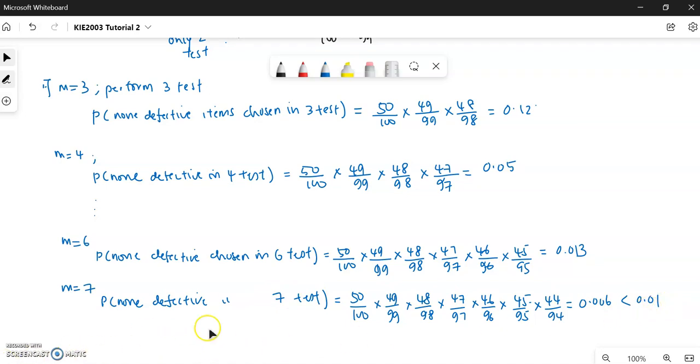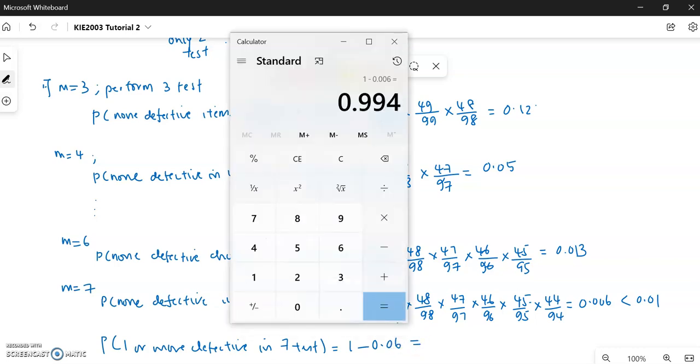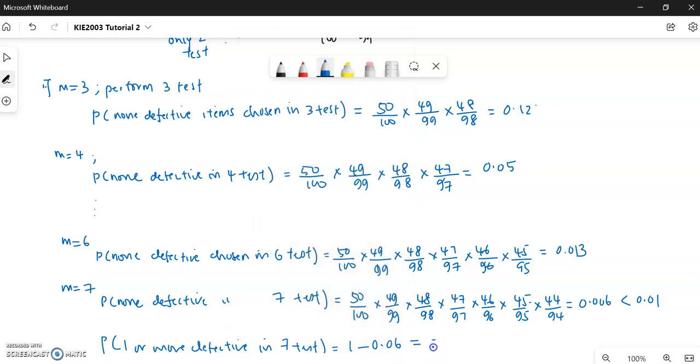So we can see that the probability of one or more defective in 7 tests is equal to 1 minus 0.006, which is equal to 0.994, which is bigger than 0.99, the required condition, right?